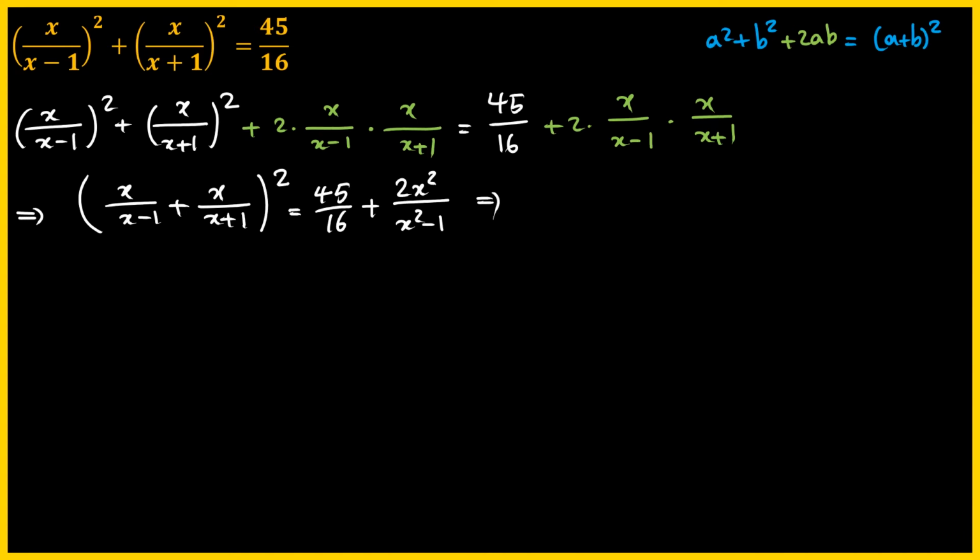And then by getting a common denominator for these two, we should get x^2 - 1 on the bottom, and x^2 + x^2 - x on the top.